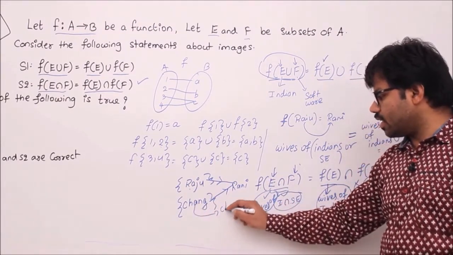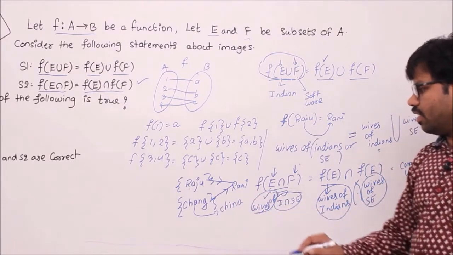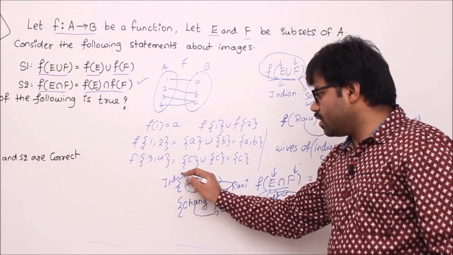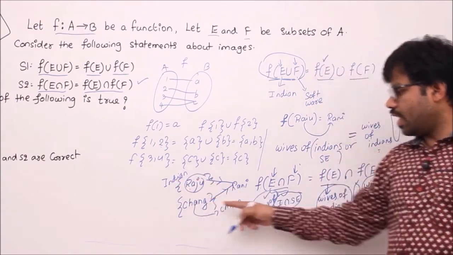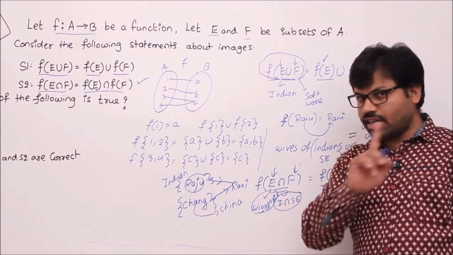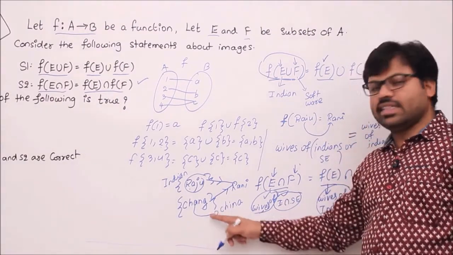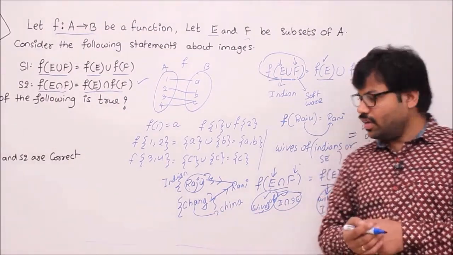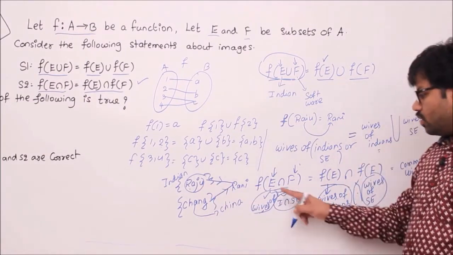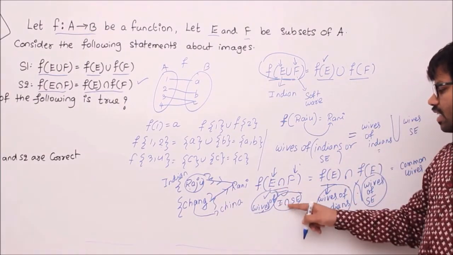Try to understand this example. Chang is from China, Raju is from India. So I am giving information: Raju is Indian, Chang is from China, and Raju is not a software engineer, but Chang is from software. So what happens is, if I apply E intersection F, so E intersection F is nothing but Indian software engineers.